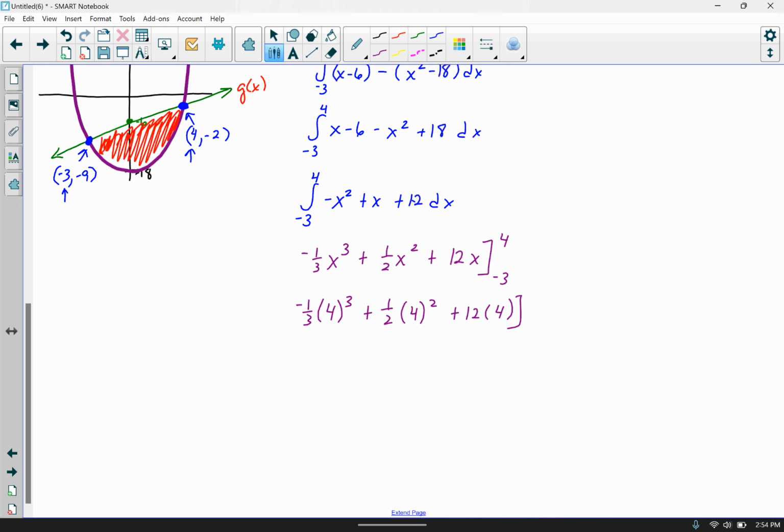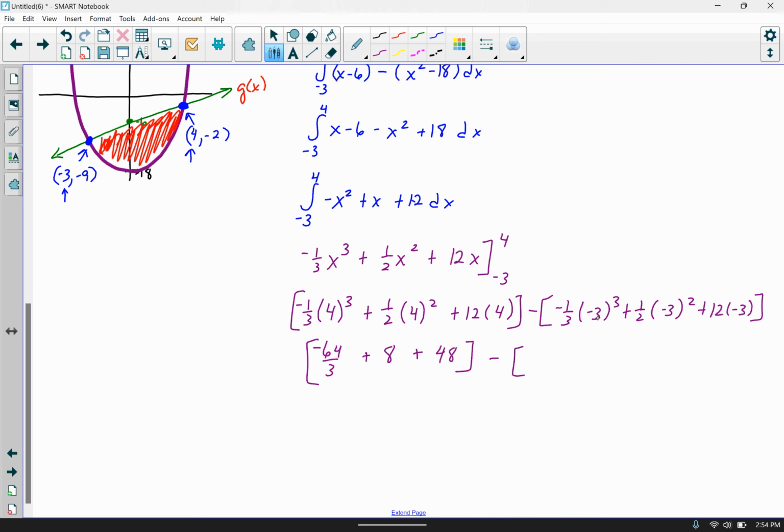So there's the upper bound, minus, plug in your lower bound. So cleaning up, 4 cubed is 64 times a negative, so negative 64 thirds in that first term. 4 squared, 16 divided by 2, 8 plus 48. So I'm just cleaning them up, without having really used my calculator at the moment.